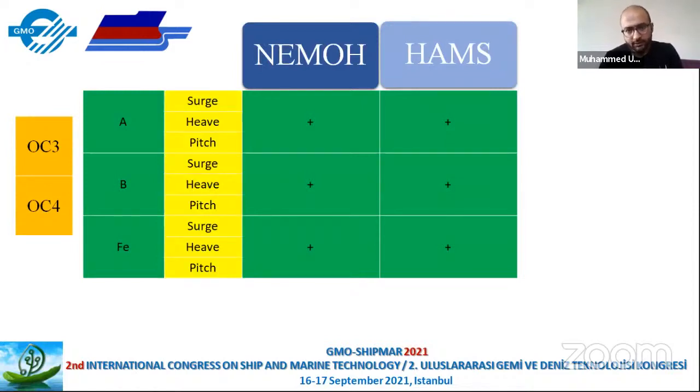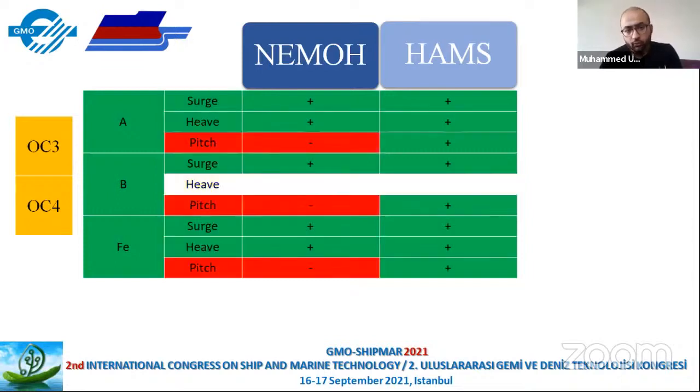But let's look deeper and talk about the axis-based comparison. In general, what you see is a page full of greens, because the normalized root mean squared error was the benchmark, and under 5% of difference is acceptable.